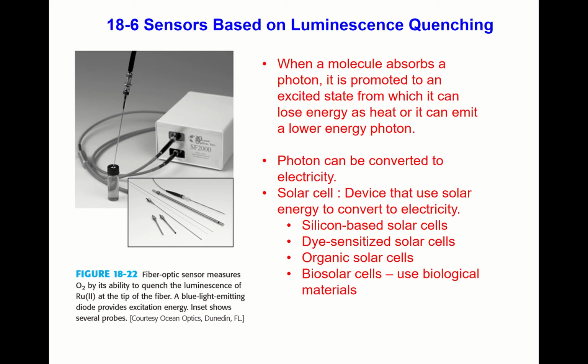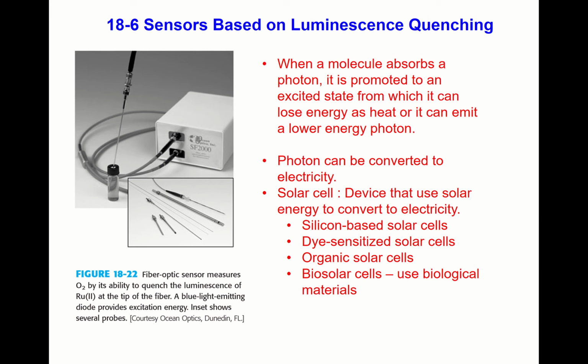It was developed maybe 40 years ago or so. And also there are solar cells called organic solar cells. And recently, biosolar cells have drawn much attention. Biosolar cells use biological materials to receive light energy and convert it into electrons.